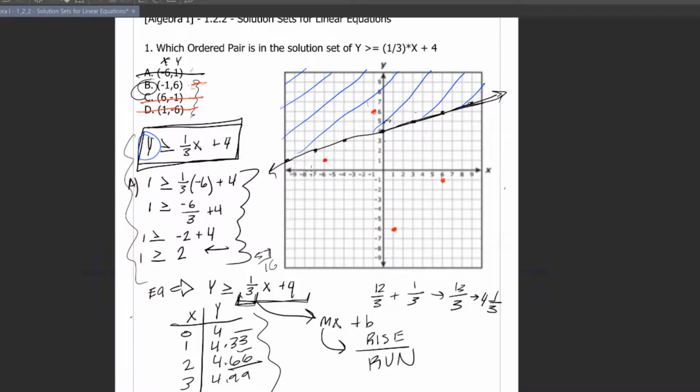The graphical solution is pretty good for smaller equations, if you have a straightforward slope and a pretty small y-intercept. Our y-intercept here was 4, and our slope was 1 over 3, so it fit all three of these approaches, and I wanted to combine them and show you what you can do with a problem similar to this.